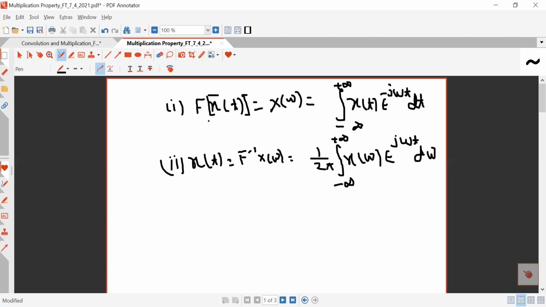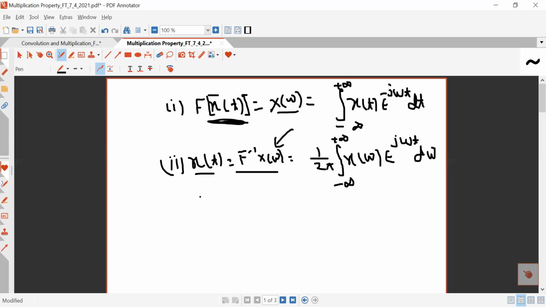The Fourier transform of any signal in the time domain converts the signal to the frequency domain, and the Fourier inverse will convert the signal from the frequency domain to the time domain. So this is the difference between the Fourier transform and the inverse of the Fourier transform.